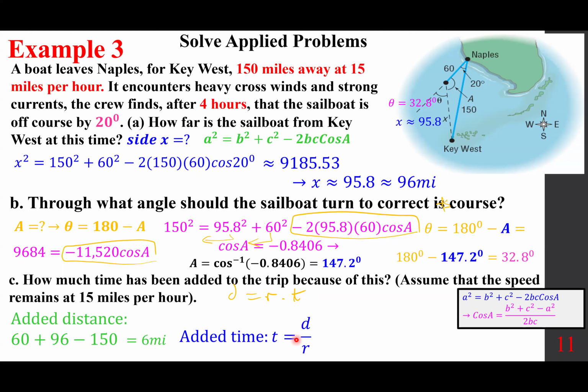That's our speed, that's our rate. 6 divided by 15 hours makes it 0.4 hours. You multiply it by 60, gives you 24 minutes. So just to clarify, if you multiply by 60, that gives us the number of minutes. Okay, everybody knows that.